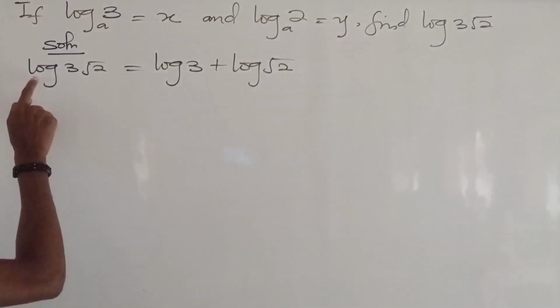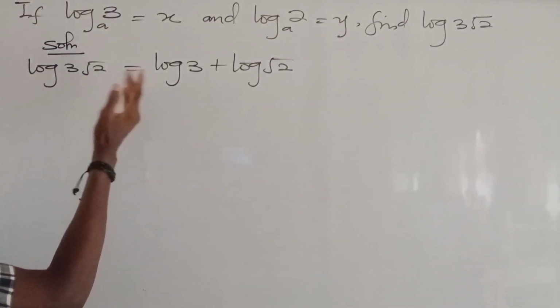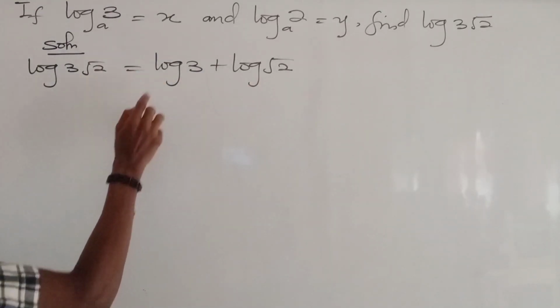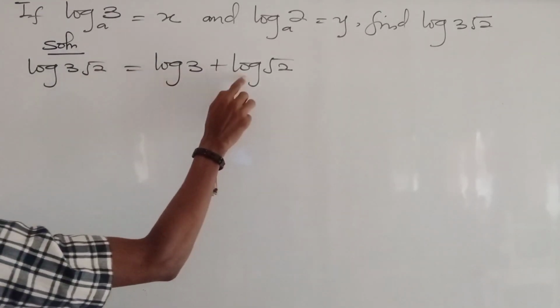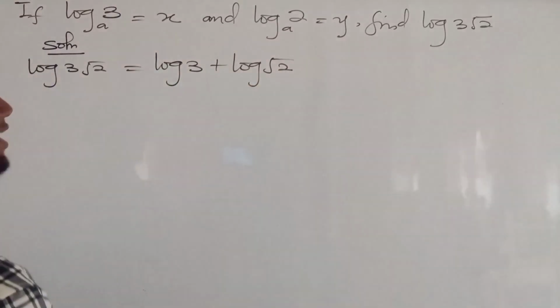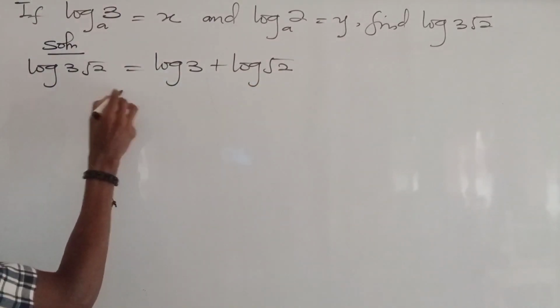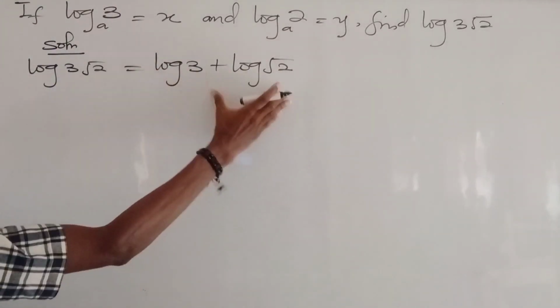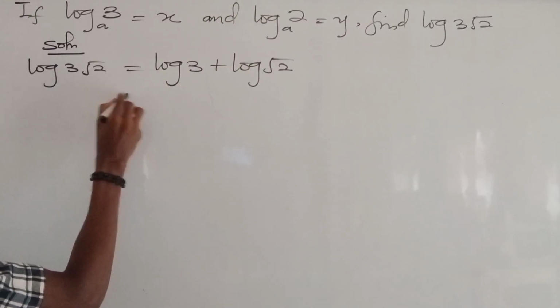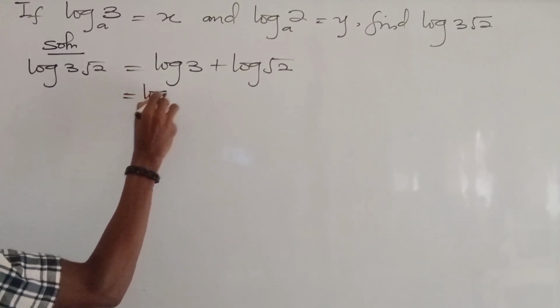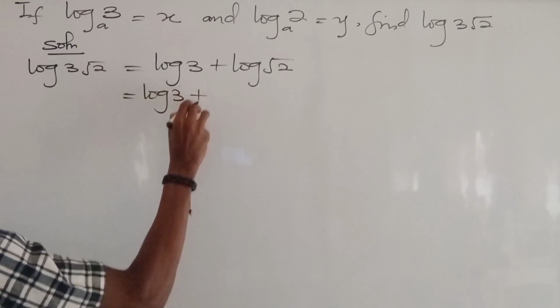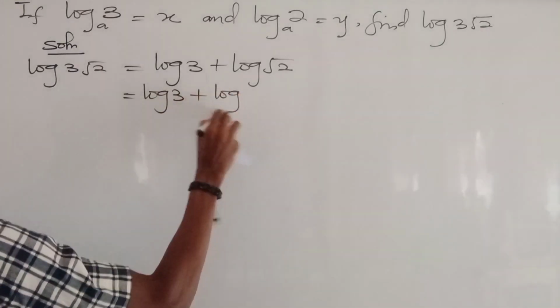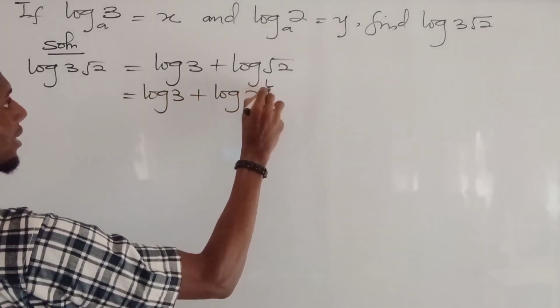So having log 3 root 2, we can expand it to be log 3 plus log of root 2. Let's go ahead and simplify this one further. We can rewrite it as log 3 plus the log of 2 to the power half.